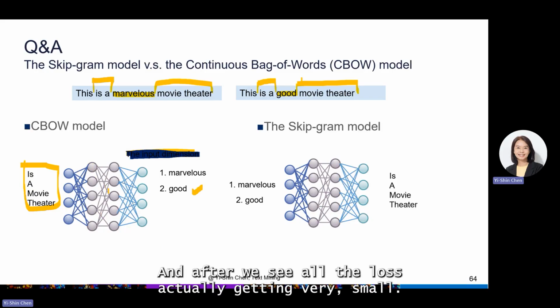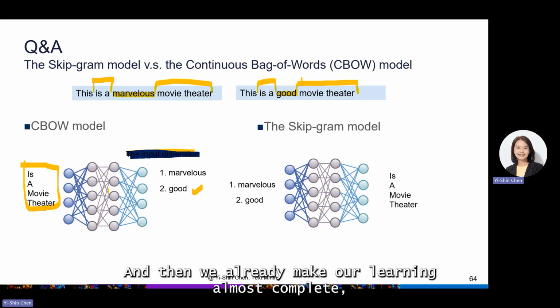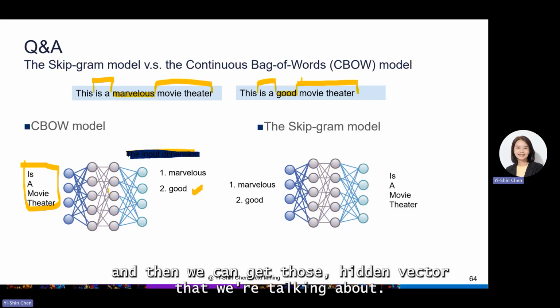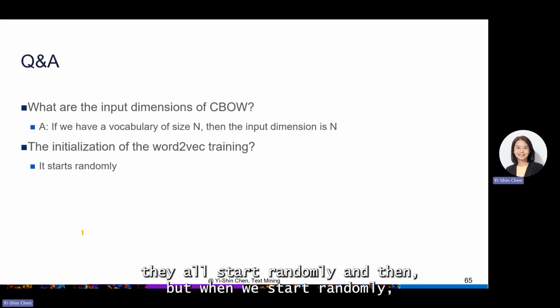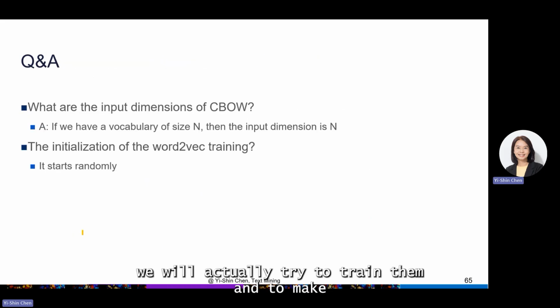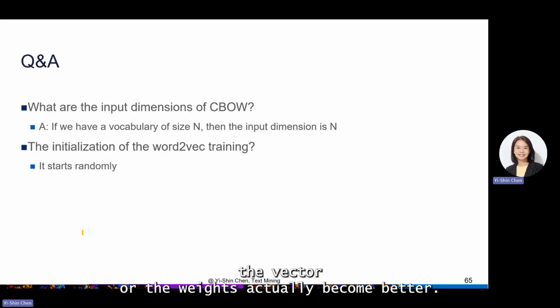After we see the loss getting very small, we have made our learning almost complete, and then we can get those hidden factors that we're talking about. So they all start randomly, but we train them to make the vectors or the weights become better.